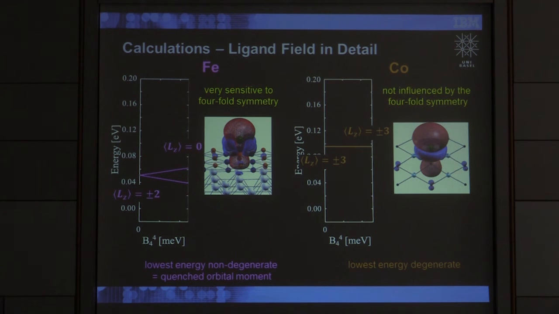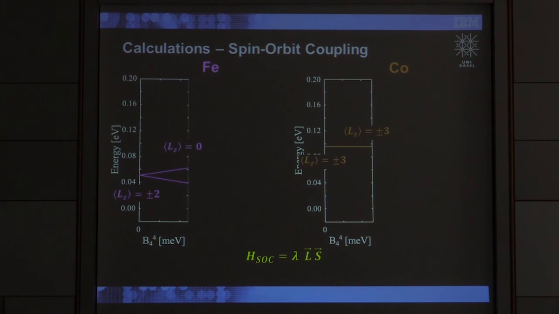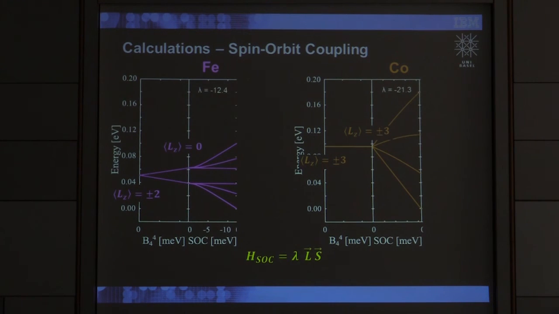Now, that is also what you could see before in the DFT calculations, where you have a nice 4-fold symmetry in the iron, but almost perfectly cylindrical symmetry for the cobalt. Now, the next thing you need to include is spin-orbit coupling. Spin-orbit coupling basically aligns spin and orbital moments together, and in this case it splits the different spin states up.